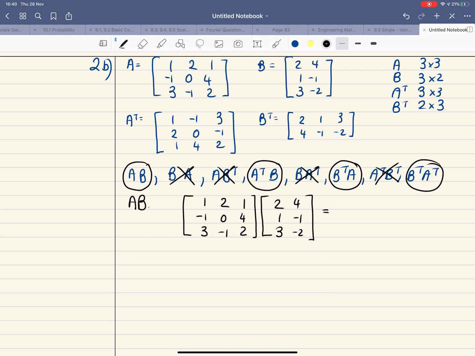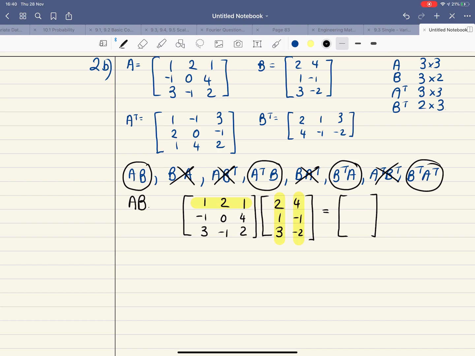If it's AB, it's doable because they're the same, and the answer is 3 rows, 2 columns. So I'll just put this colour in now. What we're going to do first is that one and that one.